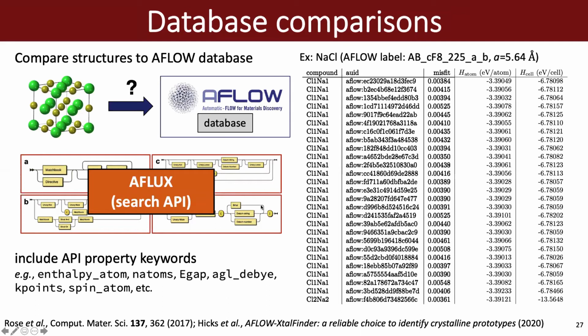So for example, if you want to find all of the matches and say, I want to know what the enthalpy per atom of these matching structures are, you can also query these via our API keywords, and you can see that all of these have similar enthalpies. And so again, this highlights the structure-property relationship, which says that if structures are similar, then they should in general have similar properties. And so again, this is a nice tool that we've implemented as well.